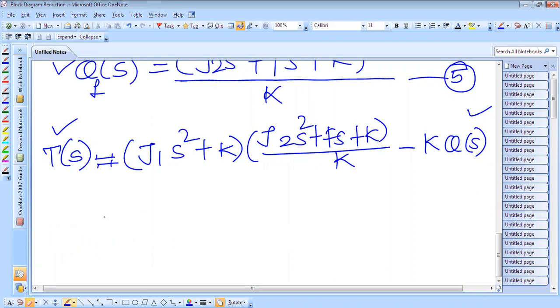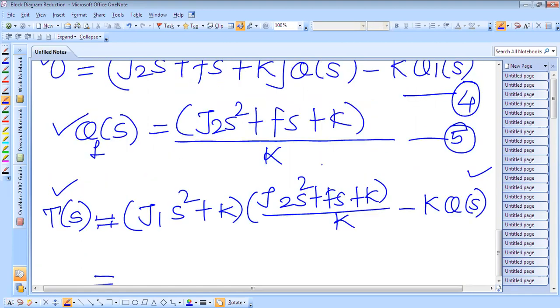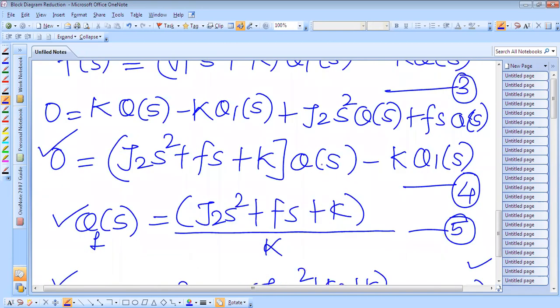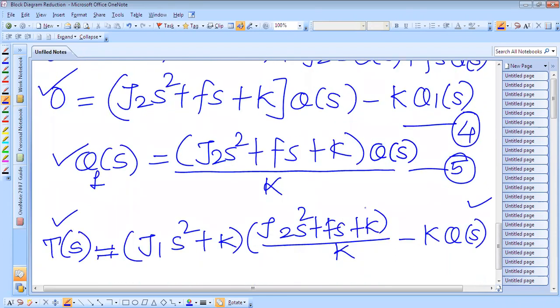Now we will take theta of S outside here. So theta 1 of S is equal to this factor divided by K, so theta of S will be there.